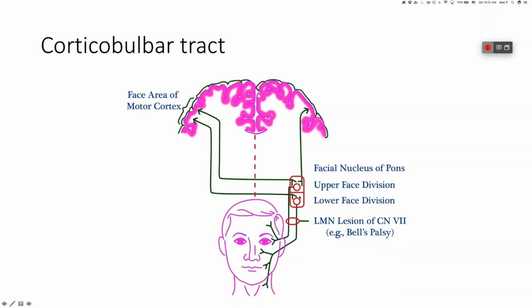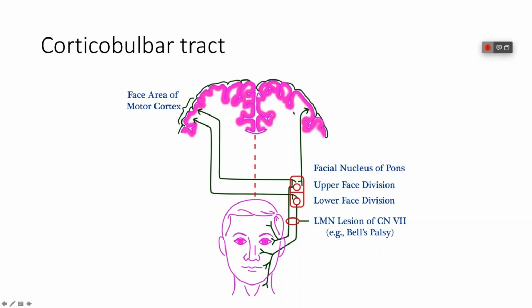Whereas the lower part of the facial nucleus is only contralaterally innervated. So what does that mean? It means that if I have a stroke, a cortical stroke, let's say an ACA stroke, an anterior cerebral artery stroke, then I would lose both of these tracts, going to both the upper and the lower part of the face.